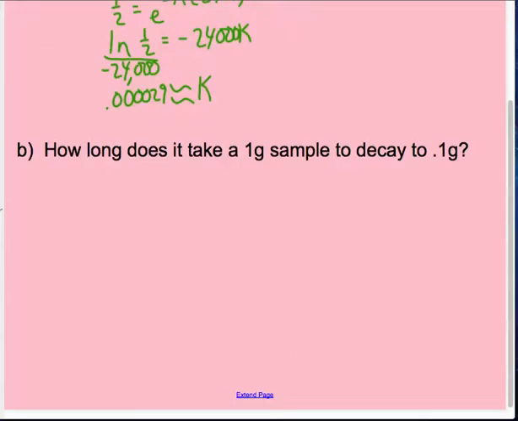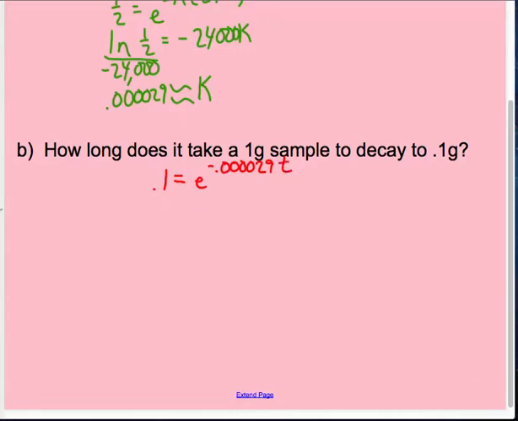So then for the last part, we are going to use that decay constant to figure out how long it takes for a 1 gram sample to decay to 1/10 of a gram. So 1/10 of a gram is the amount remaining. If I substitute 1 for initial amount, it doesn't matter, I'm multiplying by 1. So there's my decay constant that I just found in part A, and we're looking for time.